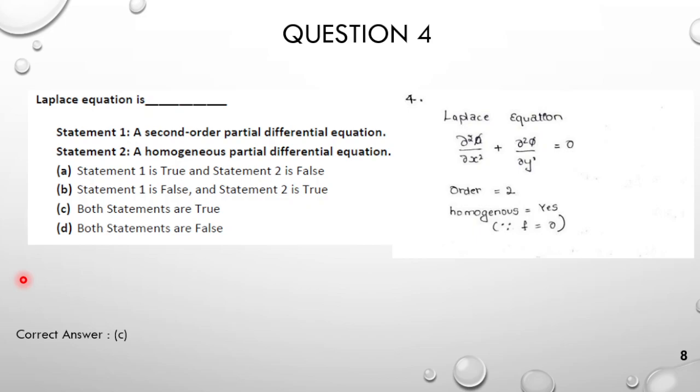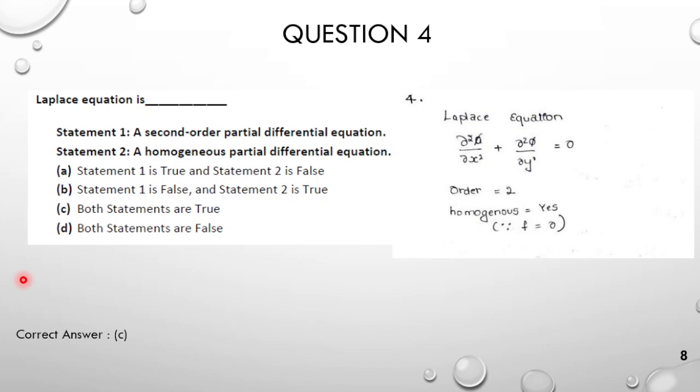Yes, it would be linear, but whether it would be homogeneous in that particular case? No, it wouldn't be homogeneous, right?